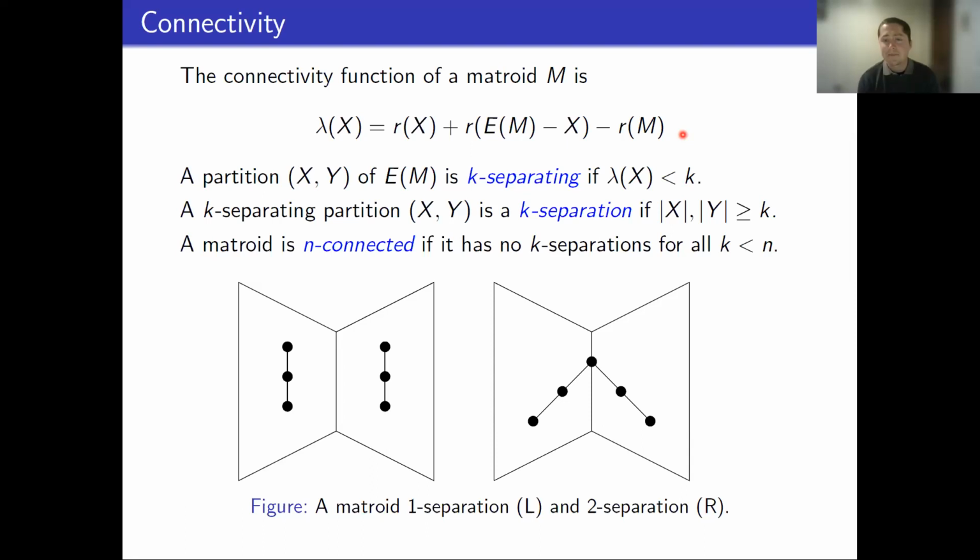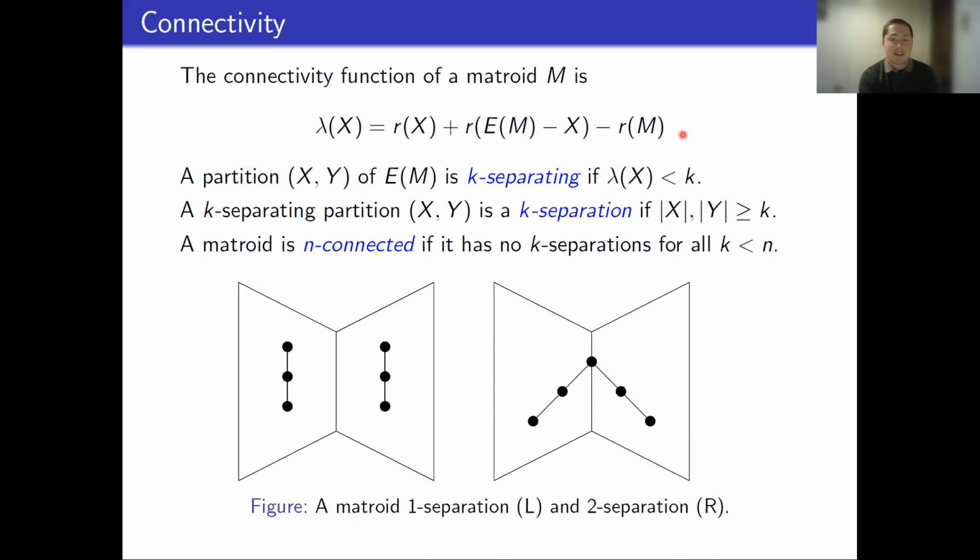A k-separation is a k-separating pair in which both sides have size at least k. We're going to care about particular 3-separations today. A matroid is n-connected if it has no k-separations for all k strictly less than n. For anyone less familiar with all this, today we're mostly just interested in 3-connectivity.